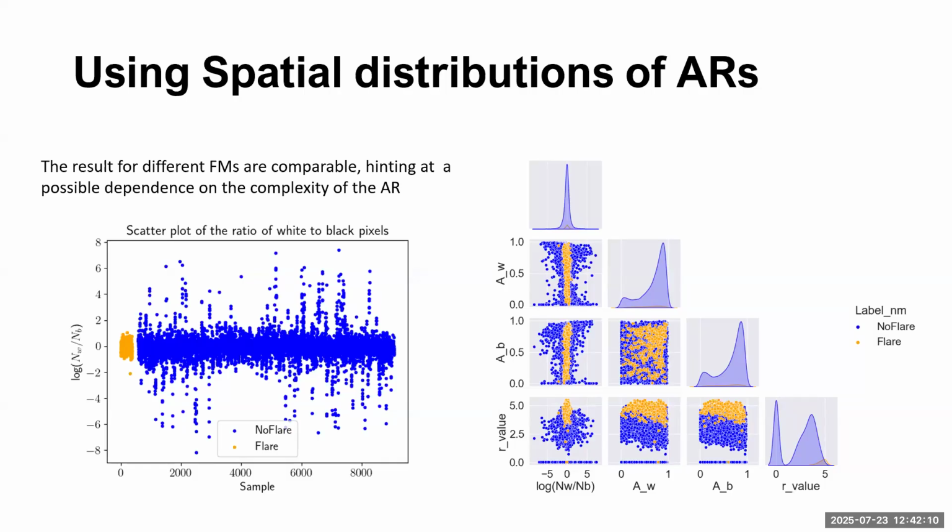As you can see from the plots, these measures cannot be used to discriminate between the flaring and the non-flaring class, because there is significant overlap between the two classes. But what we do see is that there are patterns. There are specific areas of overlap.